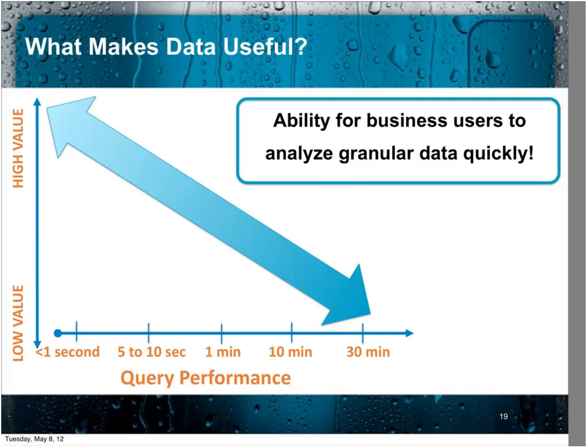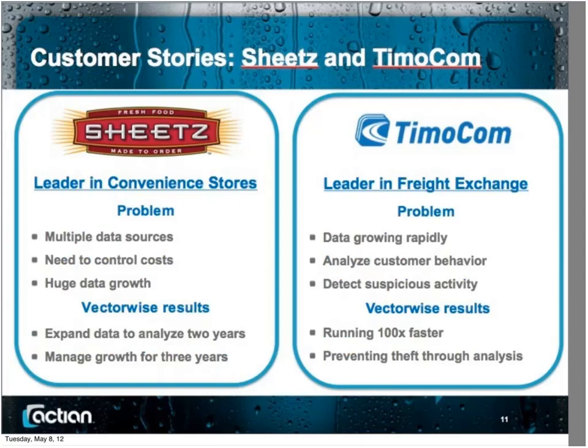And really what that does is it allows business users, those end users, to analyze data quickly. It's unaggregated, it's granular, and people can bring the data to the problem and ask questions of the data, and that's why you need granular, unaggregated data.